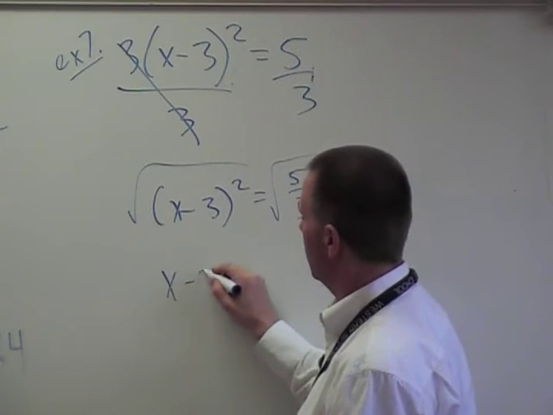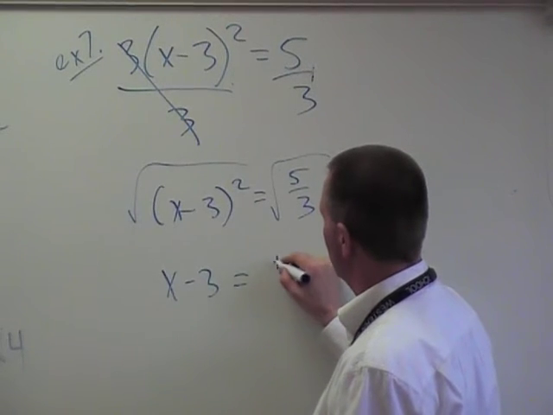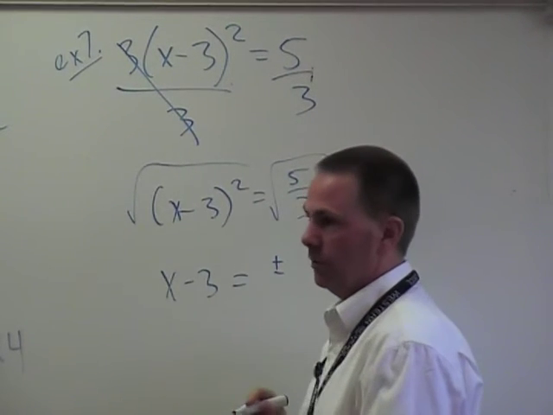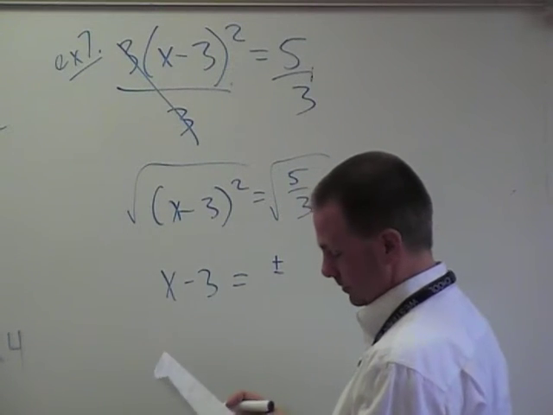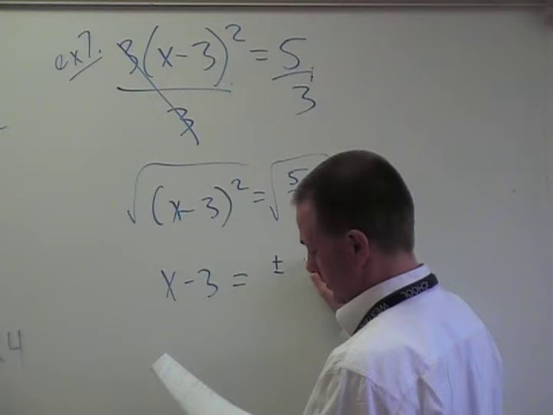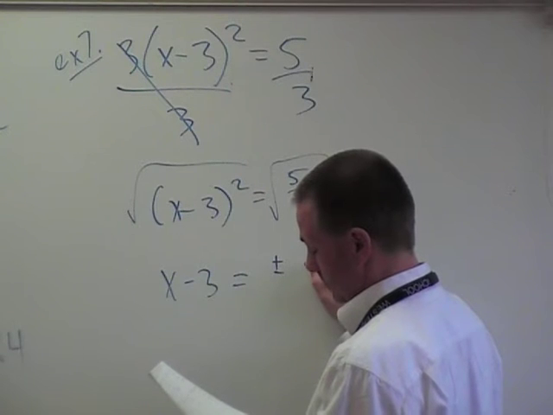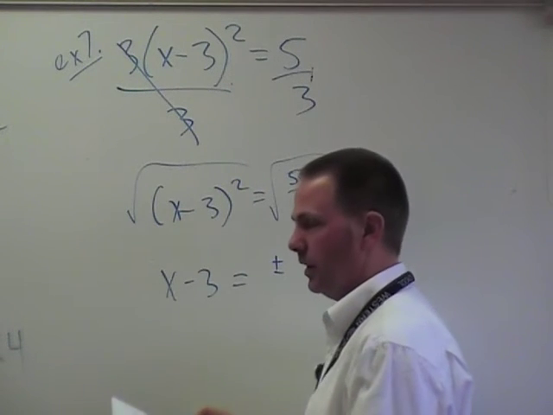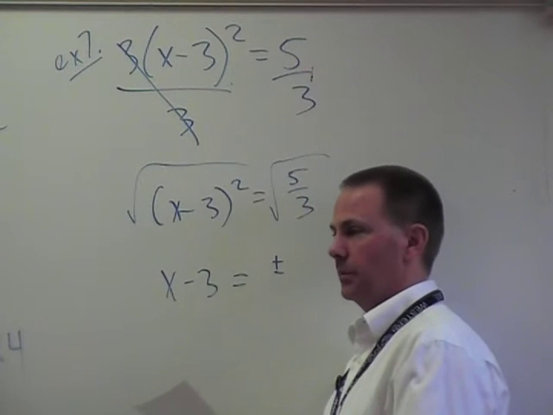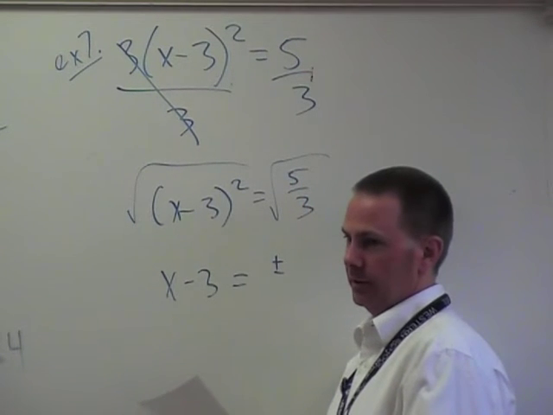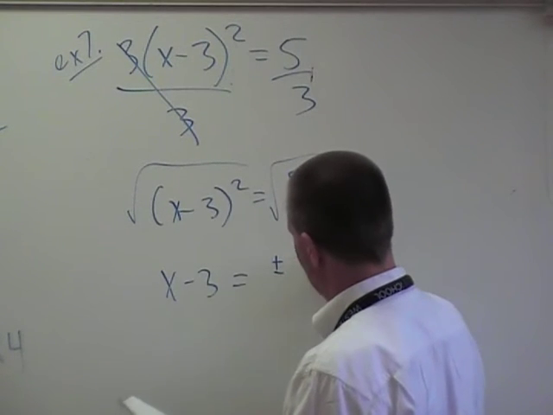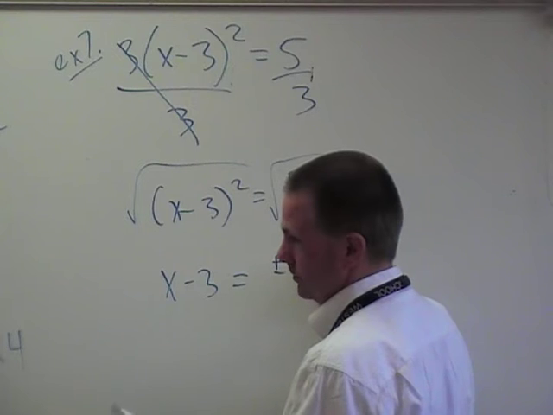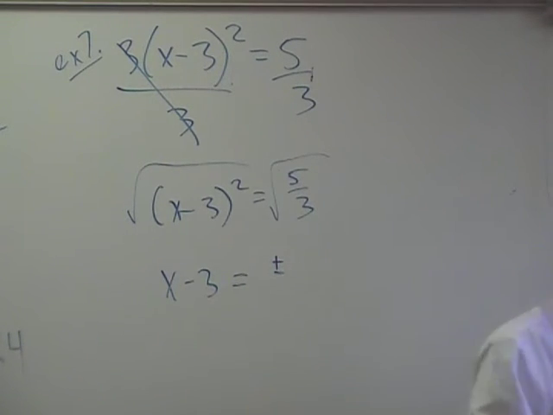Now I have x minus 3 equal to plus or minus the square root of 5/3. Take 5 divided by 3, and then hit the square root of that, which equals 1.290966.